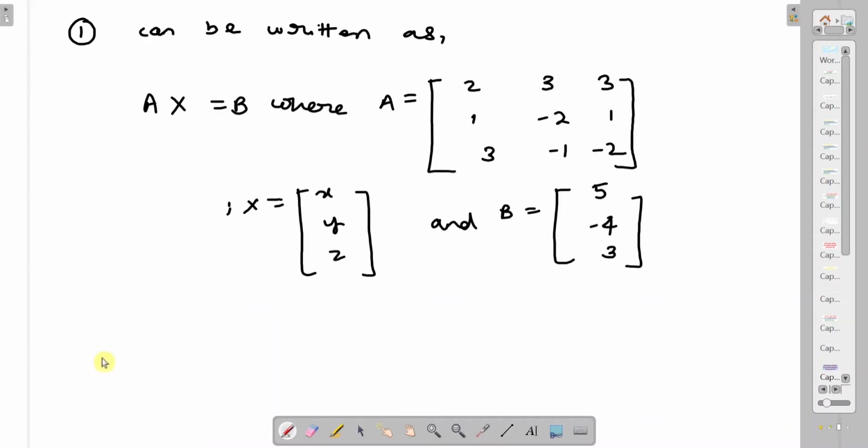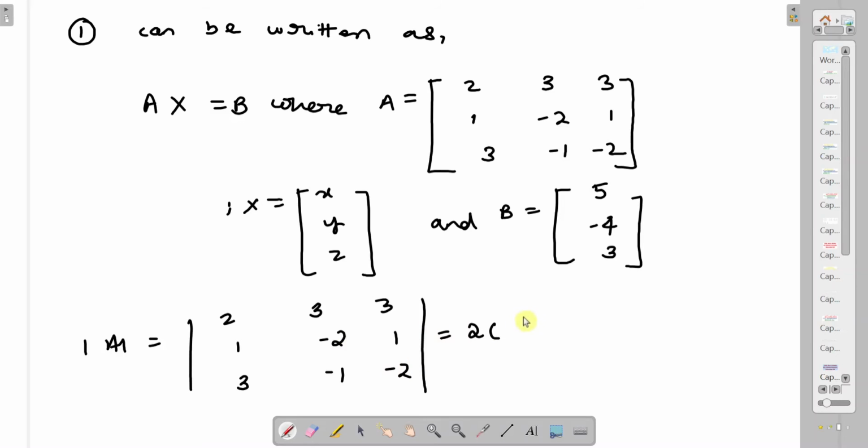Now we have to check the determinant of A. So the determinant of A is the determinant of 2 3 3, 1 minus 2 1, and 3 minus 1 minus 2. So this is equal to 2 times, minus 2 times minus 2 is 4, minus 1 times 1 is minus 1, so minus minus plus 1, then minus 3, minus 2 times 1 is minus 2, minus 3 times 1 is 3.